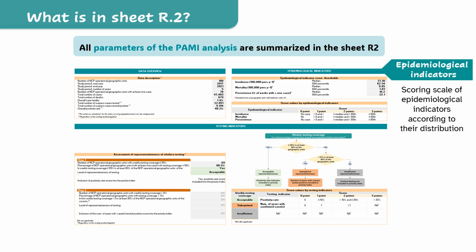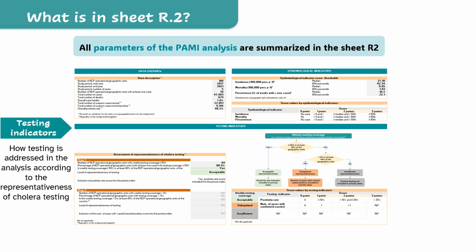This section displays the scoring scale of epidemiological indicators according to the distribution parameters of your dataset, namely the median and the 80th percentile of each epidemiological indicator. The third section, Testing Indicator, shows how the representativeness of cholera testing was assessed in your dataset and, as a result, how cholera testing has been addressed in the calculation of the priority index.